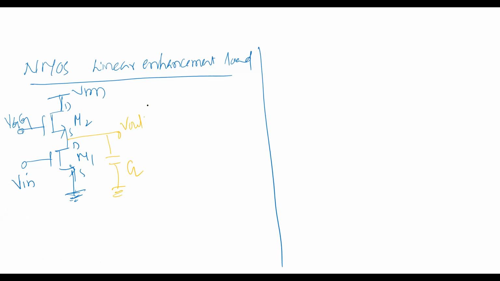So this is a fixed voltage for the M2 transistor, to keep the M2 transistor in the linear mode. The load should always be in the linear mode. So VGG, the M2 transistor gate potential, is greater than VDD plus VTH2.